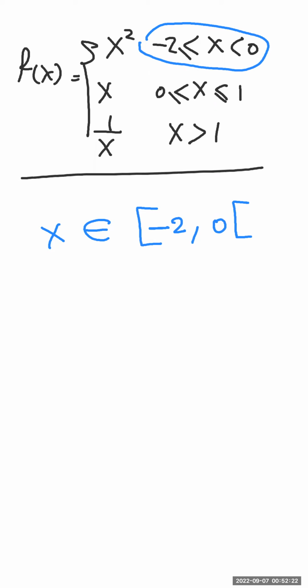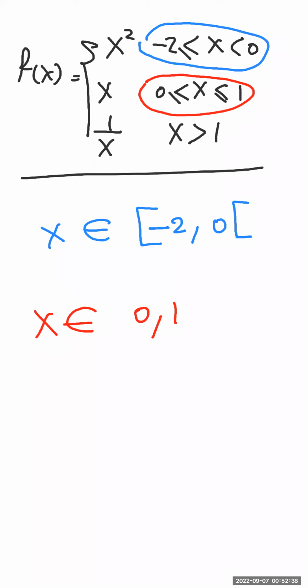Second one, x will belong to x greater than or equal 0, the smaller one first, and smaller than or equal 1. The interval from the two sides is closed.